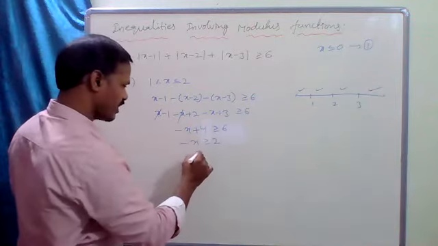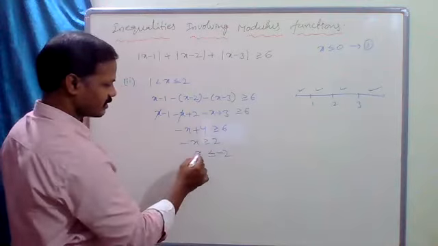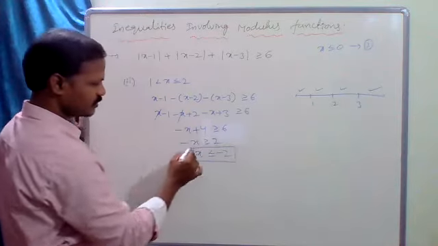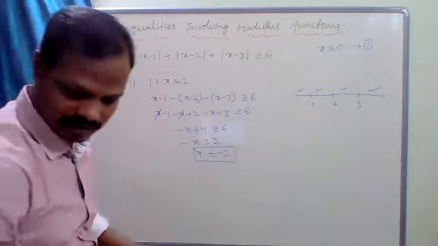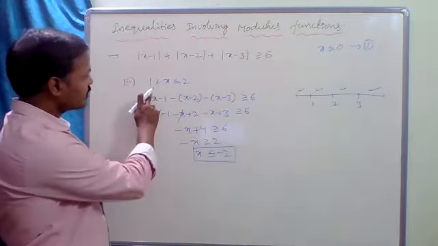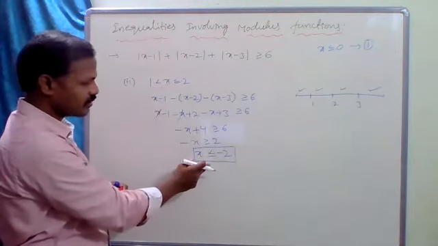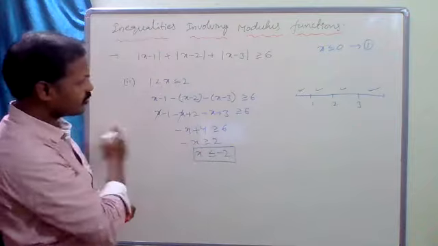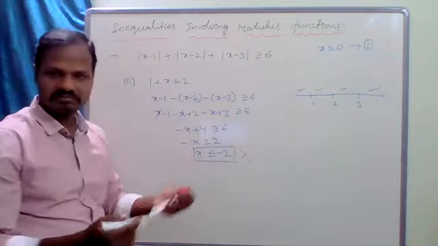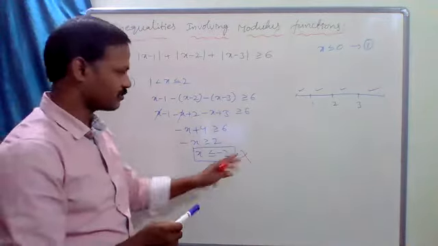Now x is less than or equal to minus 2. But what is our x? Our x lies between 1 and 2. But what we get? X less than or equal to minus 2. So no solution. Okay. Second case, no solution.